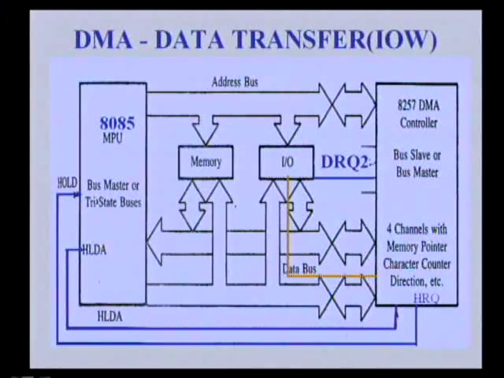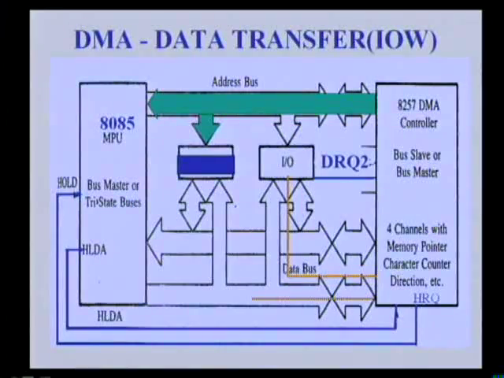After receiving this, the DMA places the address of memory so that that particular memory location is identified, and it sends a control signal called memory read bar.